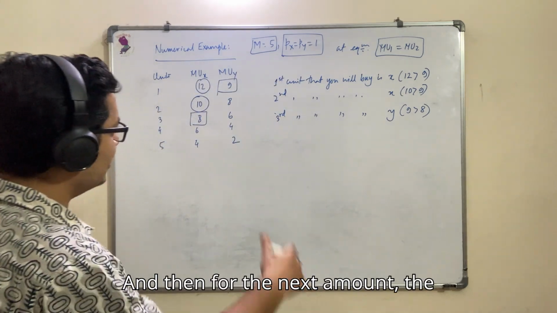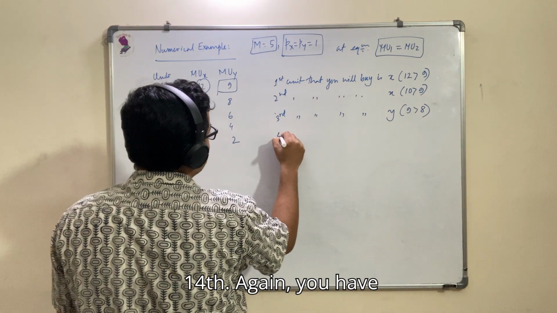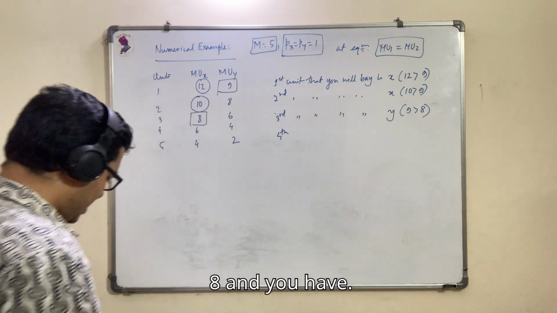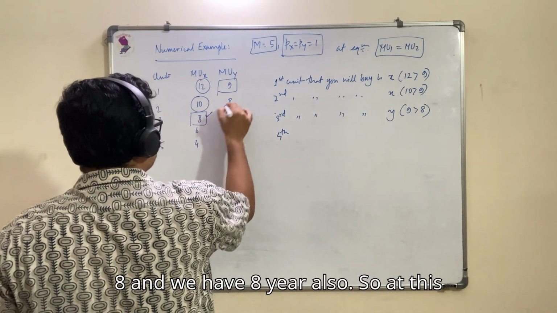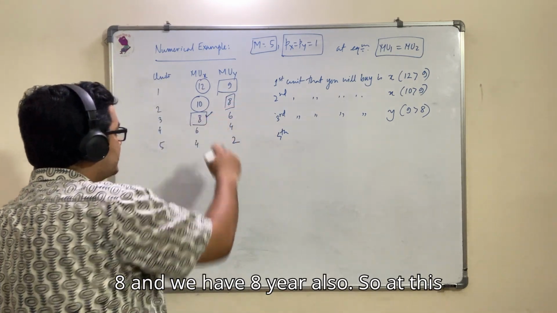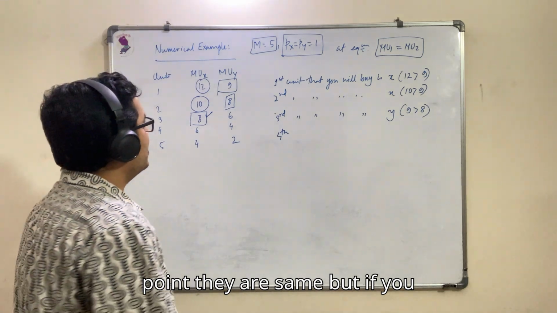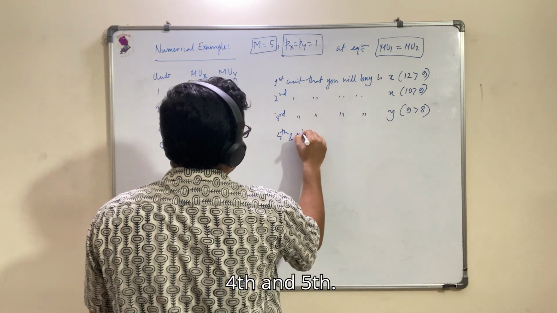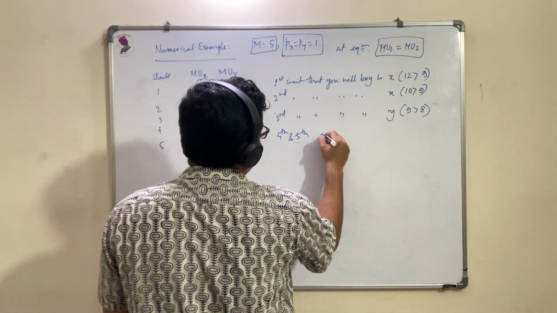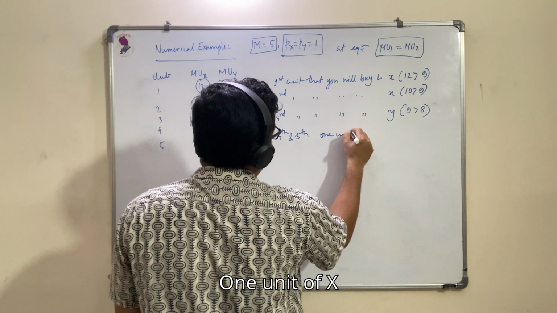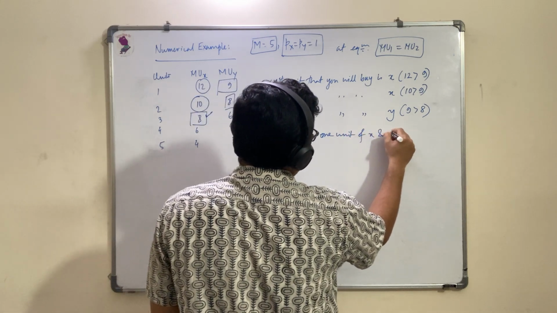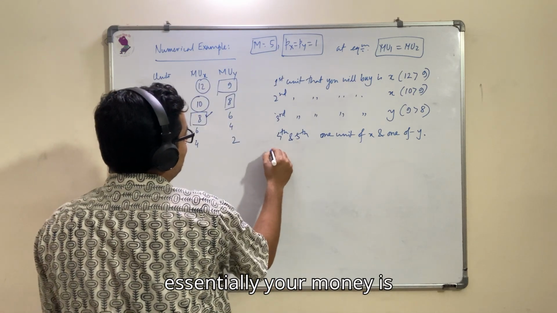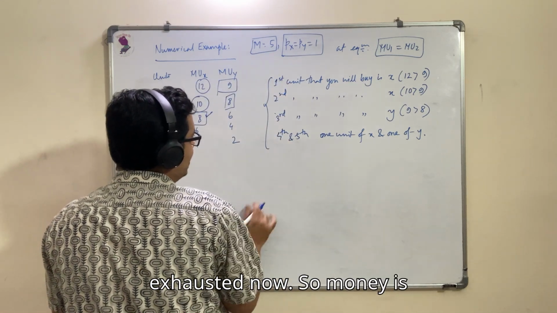And then for the next amount, the fourth unit, again you have 8 and you have 8 here also. So at this point they are the same. But if you buy each of X and Y, then the fourth and fifth, 1 unit of X and 1 of Y. So essentially your money is exhausted now.